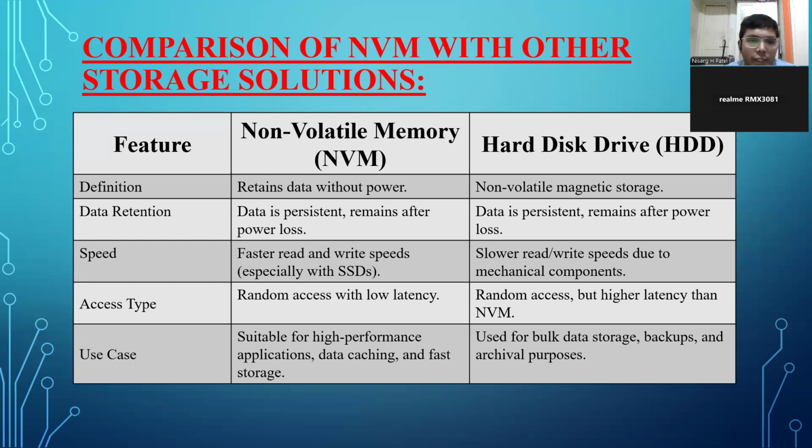Speed: NVM is faster, while HDDs have slower read-write speeds due to mechanical components. Access type: NVM has random access with low latency; HDDs have random access but higher latency than NVM. Use cases: NVM is suitable for higher performance applications; HDDs are used for bulk data storage, backups, and archival purposes.